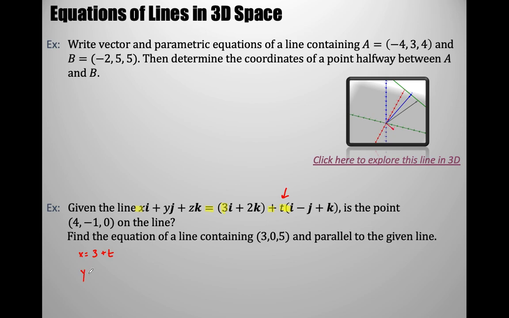What is y equal to? Hey, whoa, I don't see any j in here. What does that mean, y? What must this point be then? Good. Plus what? No, not plus, minus. Minus 1j.